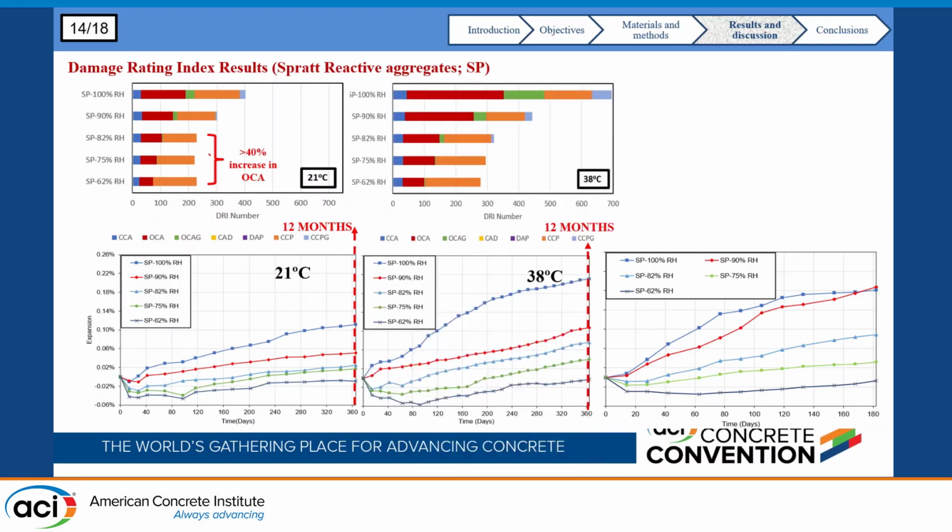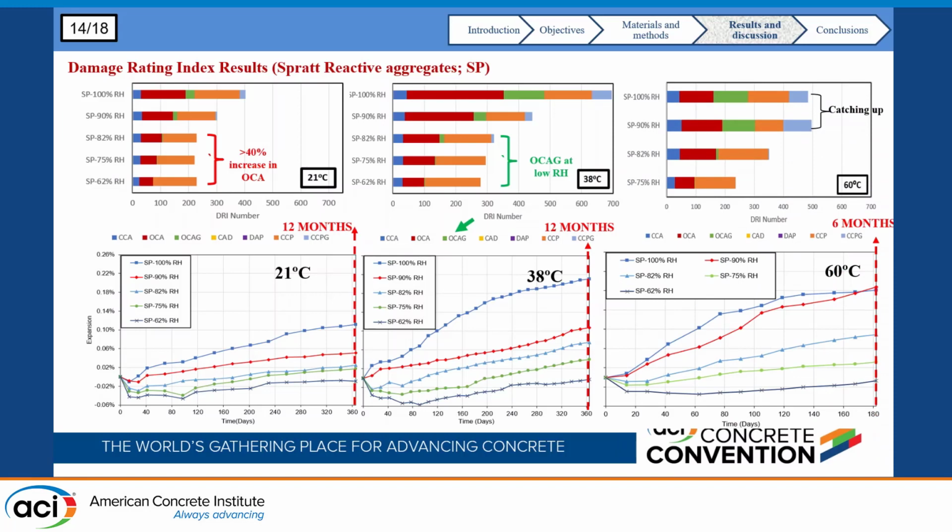Now, at 38 degrees Celsius after similar exposure duration, we also experience cracks with gel, even at low moisture conditions. So comparing those stored at 38 and 21 degrees Celsius, we can see the significant difference due to temperature.